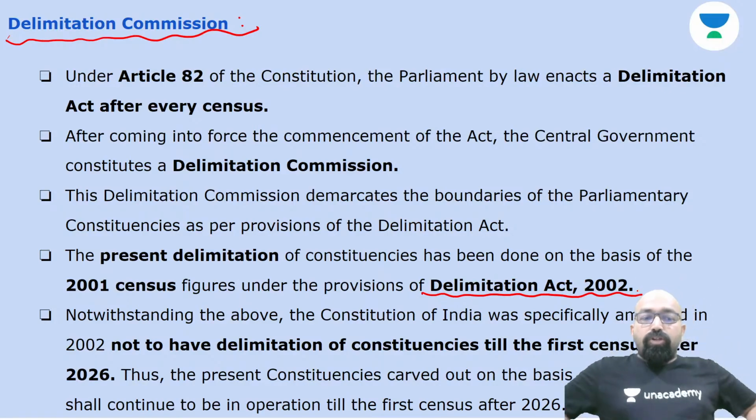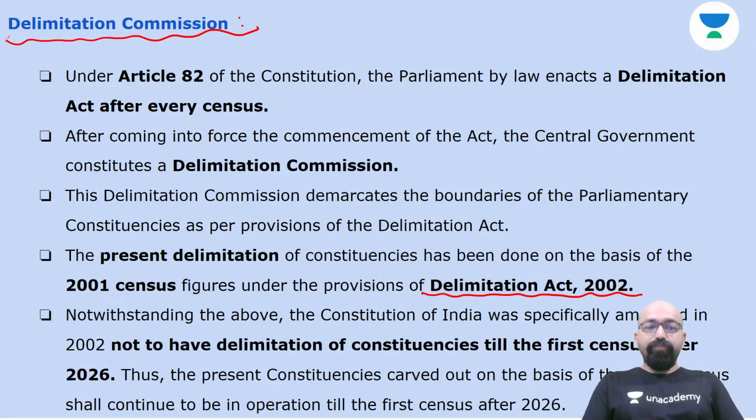Notwithstanding the above, the Constitution of India was specifically amended in 2002 so as not to have delimitation of the constituencies till the first census after 2026. Thus, the present constituencies carved out on the basis of the 2001 census shall continue to be in operation till the first census after 2026.